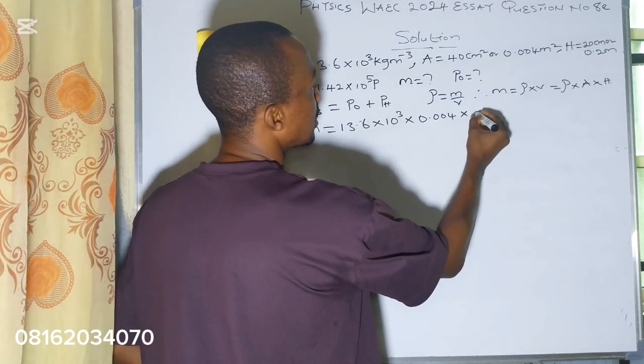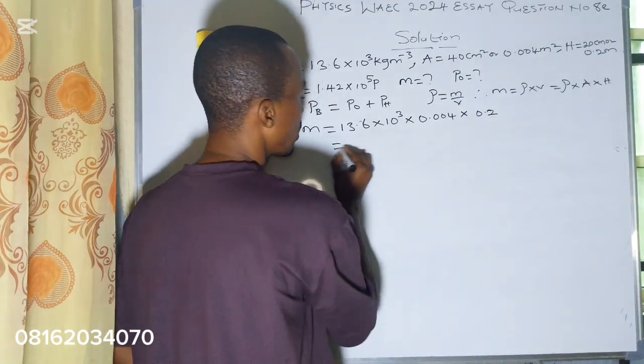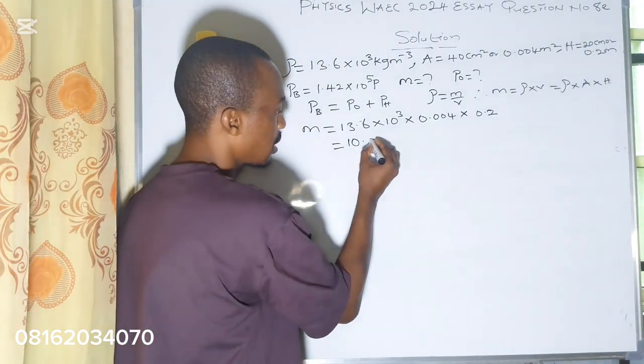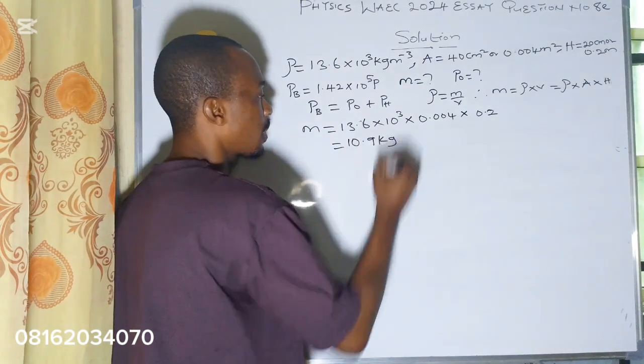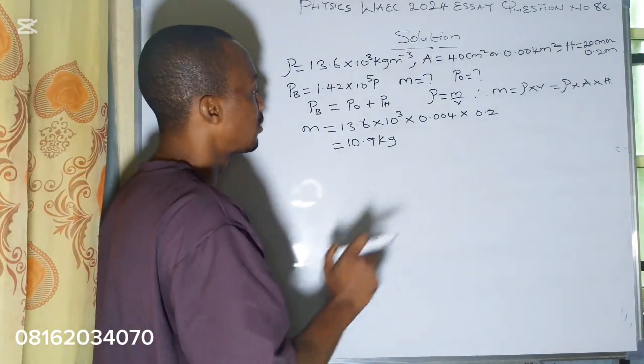Times the height, which is 0.2. If you calculate this, you're going to have 10.9 kg. I'm not discouraged even if I do not have a scientific calculator.